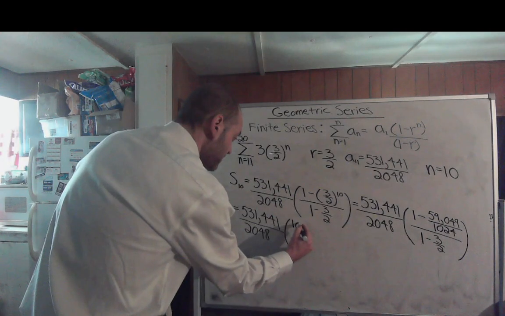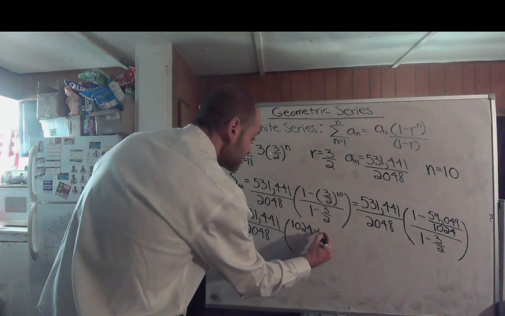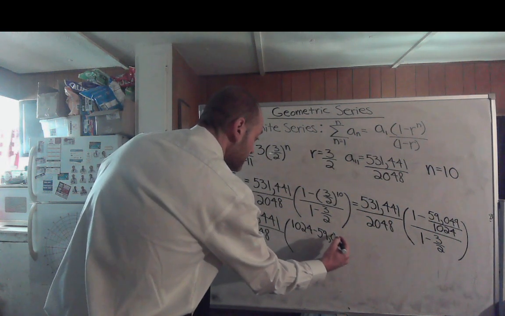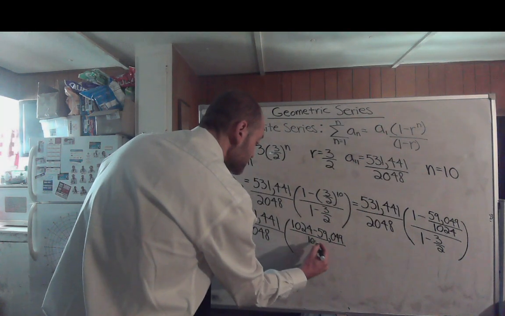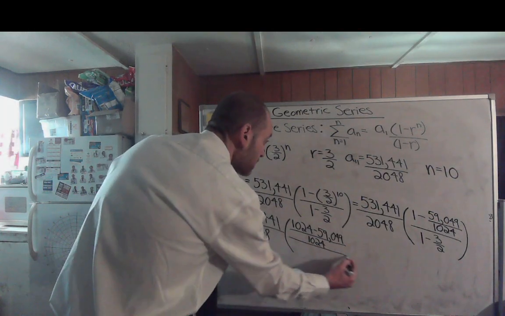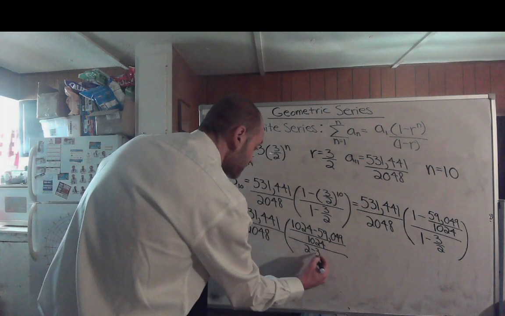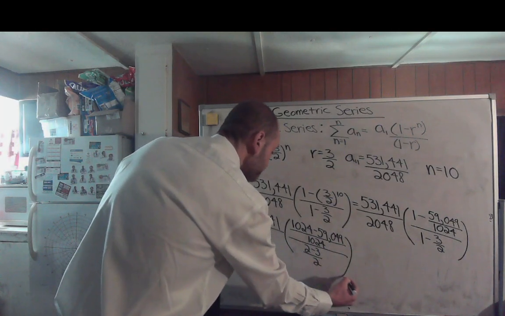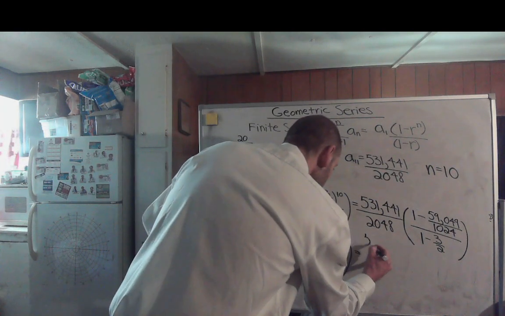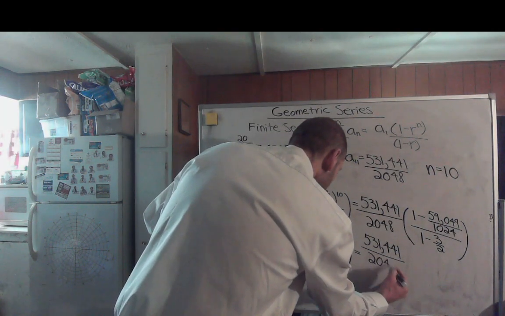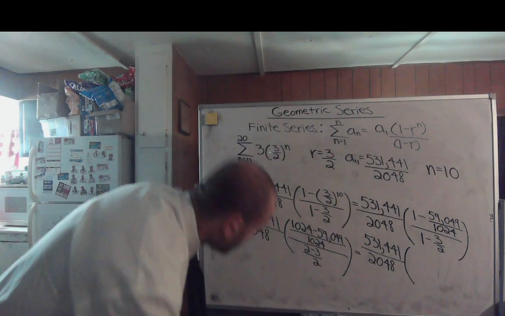So times 1,024 minus 59,049 all over 1,024, all over 2 minus 3 over 2, which is going to be fun again. We'll have 531,441 all over 2,048 times whatever the heck we get here.